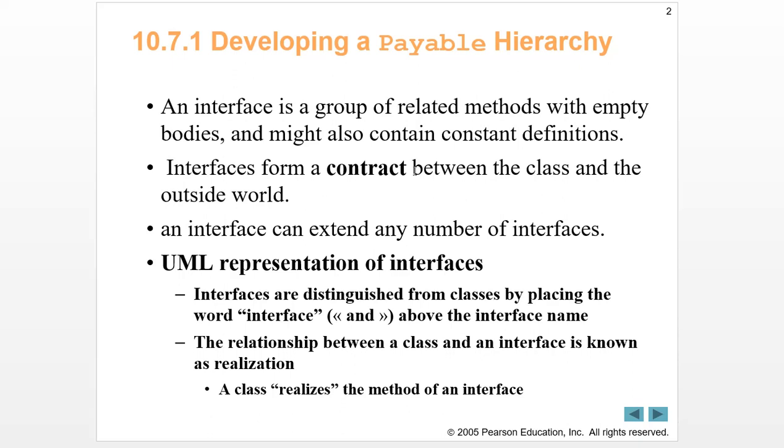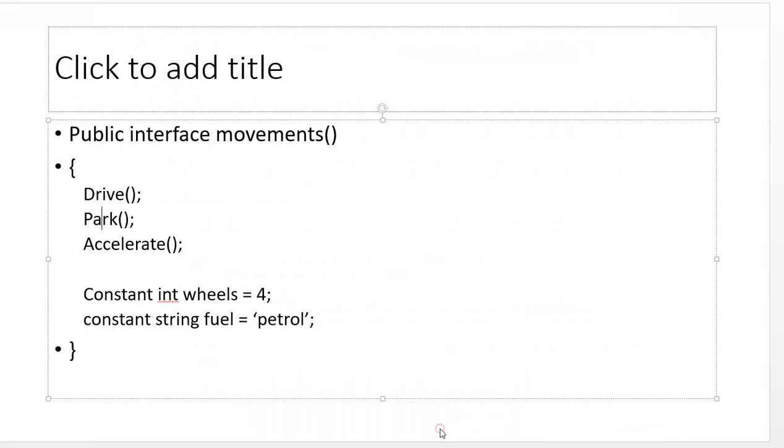So an interface forms a contract between the class and the outside world. So what is this contract that the interface forms with the class? The contract is that the class is going to use every method and constant defined in the interface. That's the contract that exists between the class and the interface.